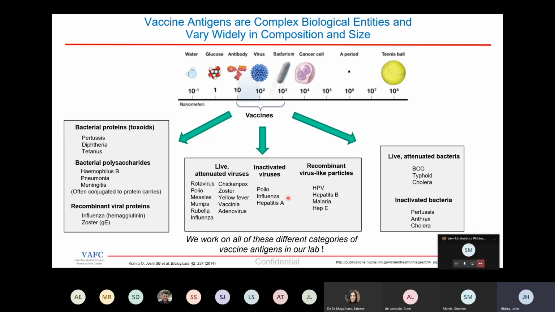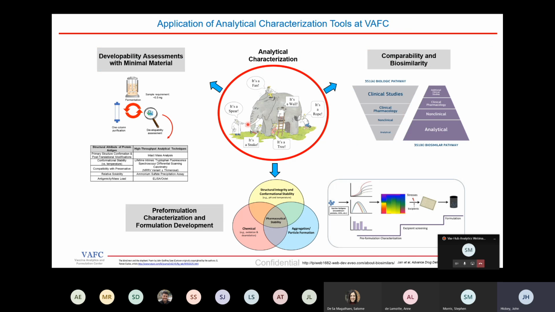With all these various biological entities with quite diverse complexities and size ranges, we require robust analytics to understand each molecule. We like to use the analogy of the elephant and the blind men, where you can't just look at one aspect of the molecule. Rather, a comprehensive understanding of the chemical, physical, and biological characteristics of a product is required to mitigate risk and ensure a product is safe and effective. And this comprehensive understanding of a product is only achieved through sound scientific analytics.